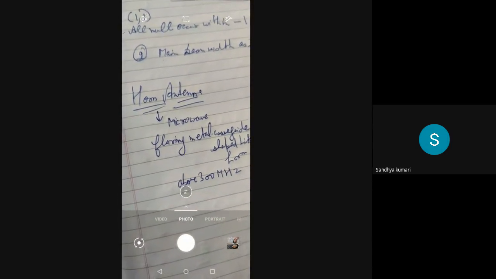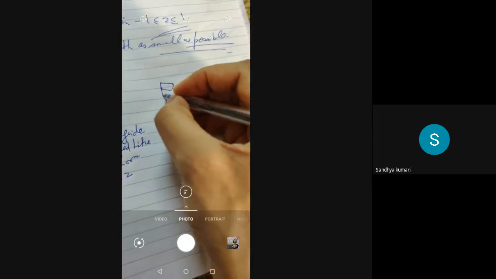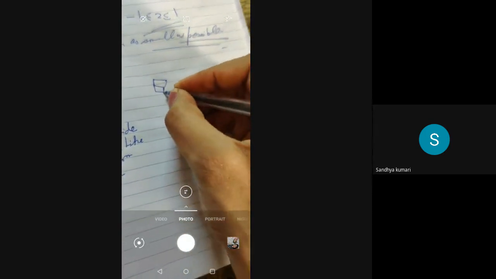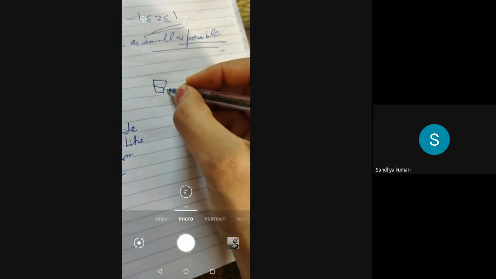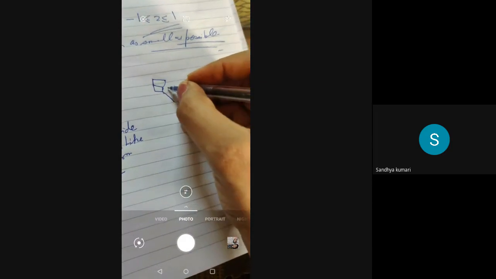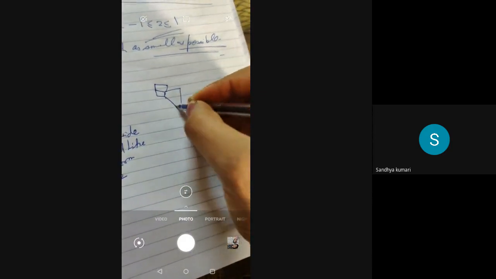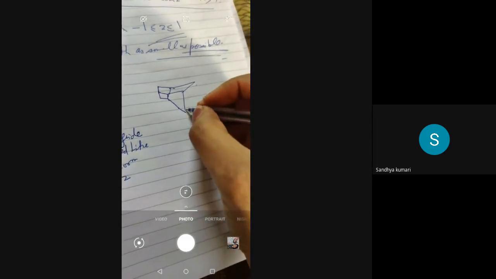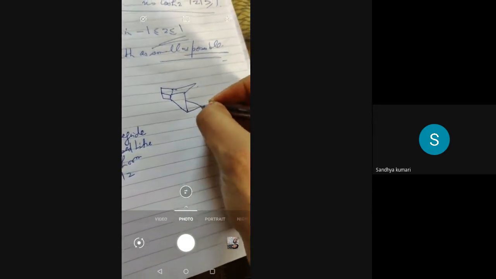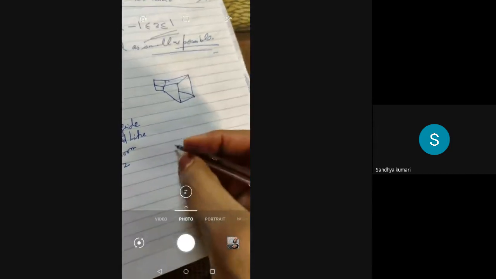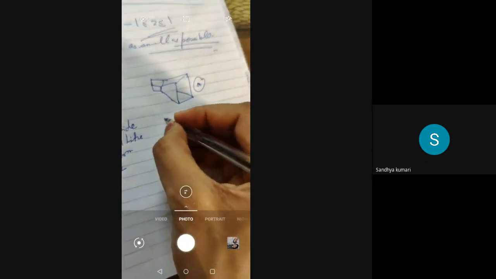There are different patterns for the horn antenna. You can draw it like over here. This is the first shape of the horn antenna.